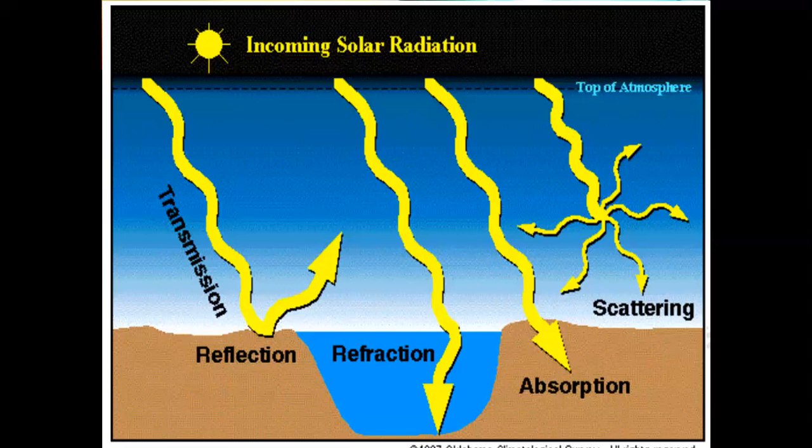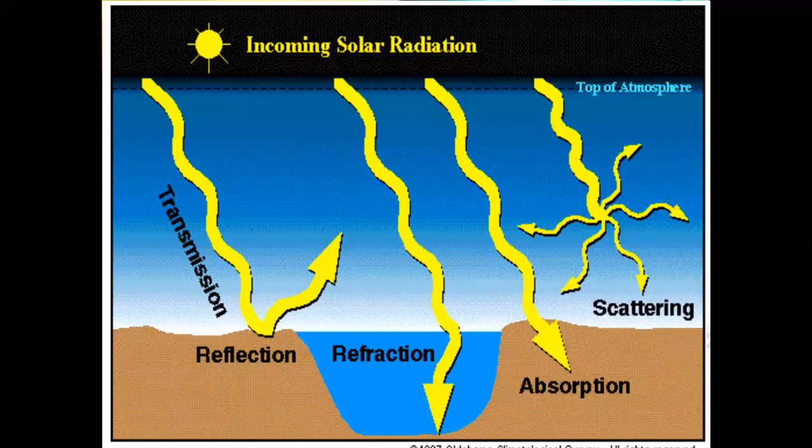Similarly, water vapor is an effective absorber of long wave terrestrial radiation. In fact, water vapor is the most effective regulator of surface temperature of the Earth. This effect of the atmosphere is known as the greenhouse effect.